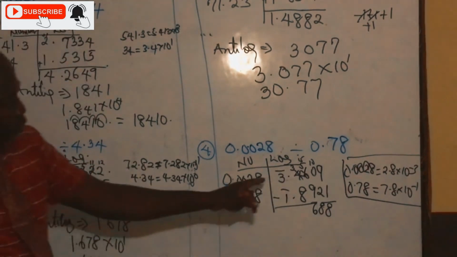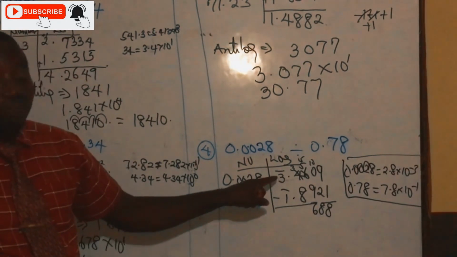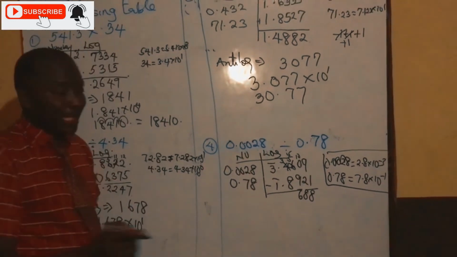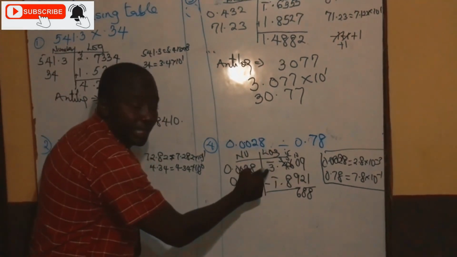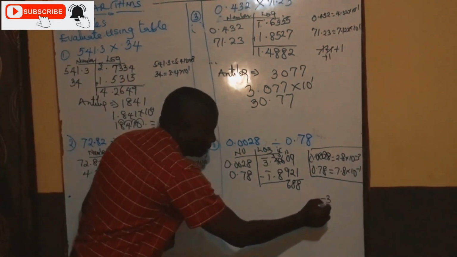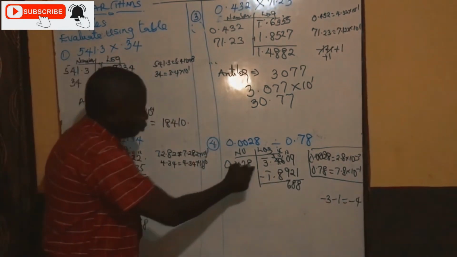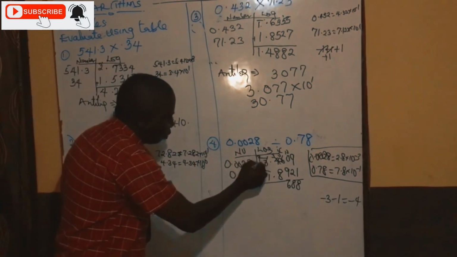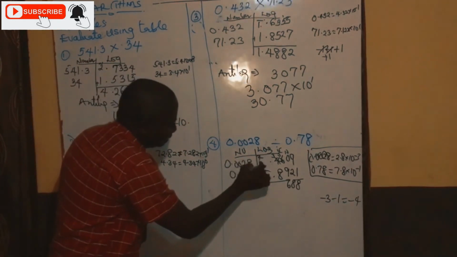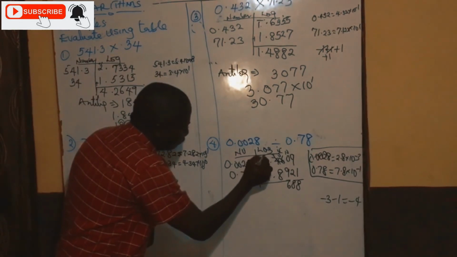Then is it possible to borrow 1 from bar 1? Yes. When you borrow from bar 3, it turns to bar 4. The idea is this: when you borrow 1 from a number, you subtract 1. That is, I borrow 1 from minus 3, I must subtract 1, it becomes minus 4. So this one will now turn to bar 4. This is bar 3, turns to bar 4.